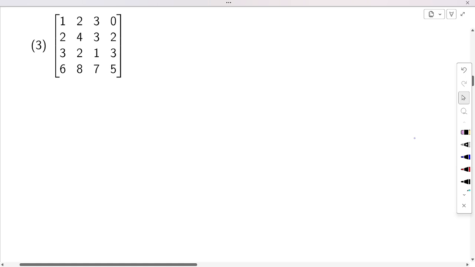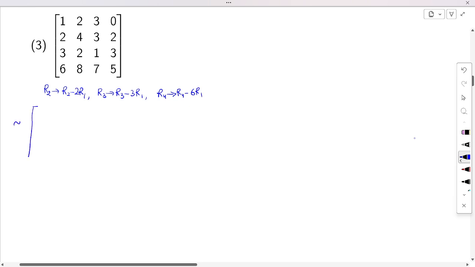Next, let us look at this matrix. So we apply: row 2 goes to row 2 minus 2R1, row 3 goes to row 3 minus 3R1, and row 4 goes to row 4 minus 6R1.